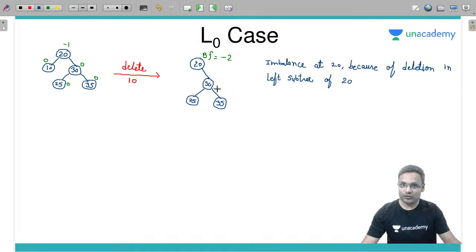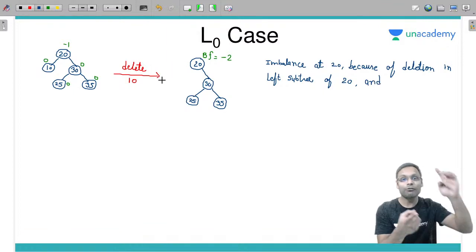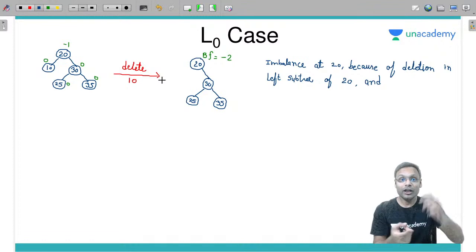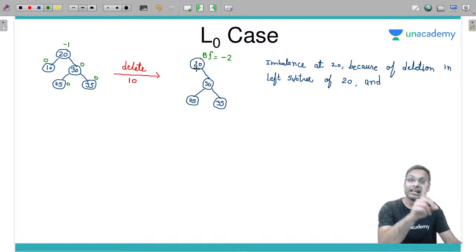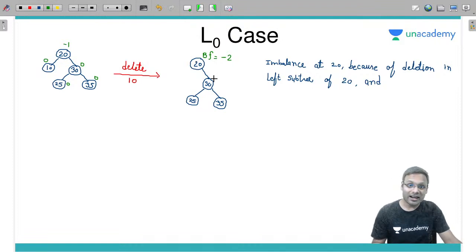Imbalance at 20 because of deletion in left subtree of 20, and we need to check now. If you have deleted in the left subtree, which side balance factor are you going to check? Right child. 20's right child balance factor. 30's balance factor you need to check.